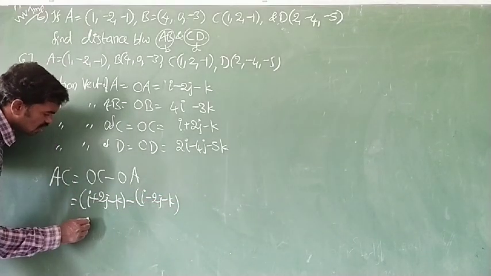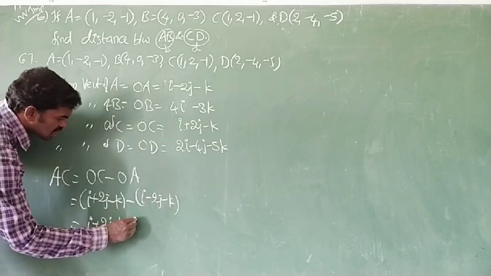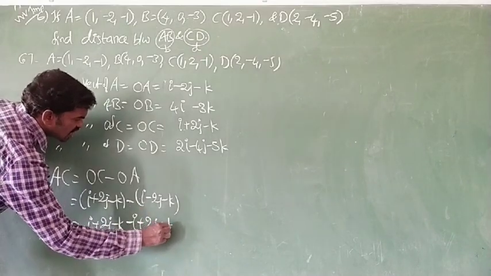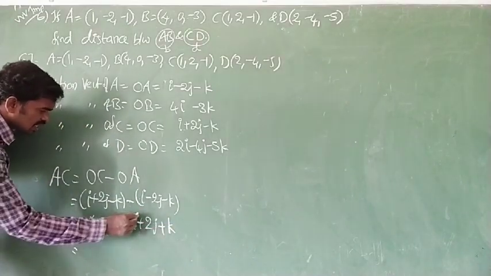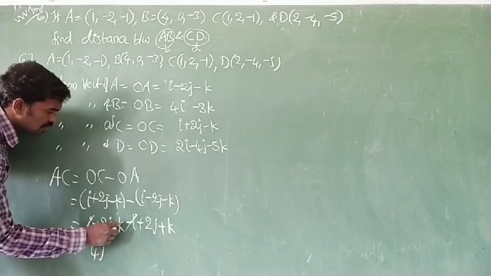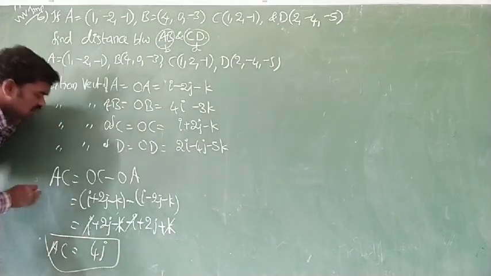Simple technique: i plus 2j minus k minus i plus 2j plus k. The i terms cancel. 2j plus 2j, we get 4j. Minus k plus k cancel. So we got only 4j, that is AC.